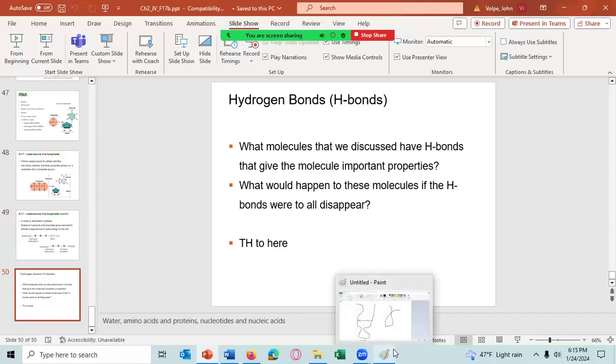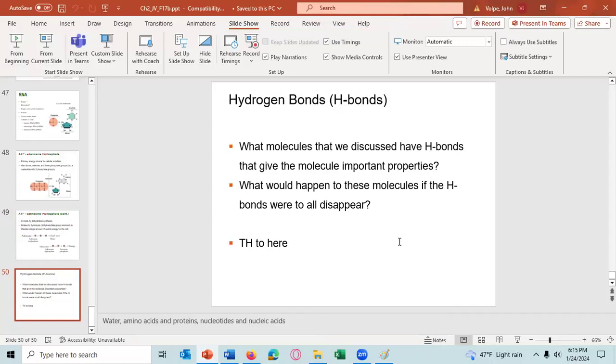H2O. Yeah, water has hydrogen bonds, and it gives water important properties. Namely, without the hydrogen bonds, you wouldn't have liquid water, because you need to have the hydrogen bonds to form liquid water, as long as the bond can break. Because if it doesn't break, you don't have liquid water, you then have ice.